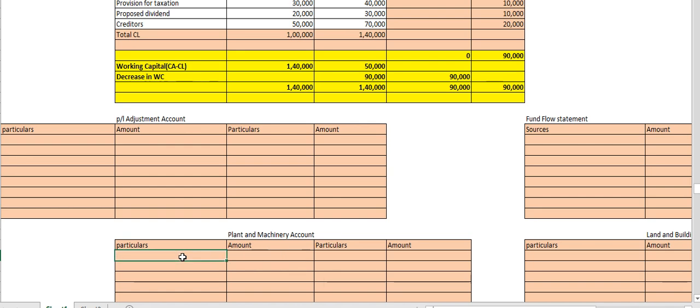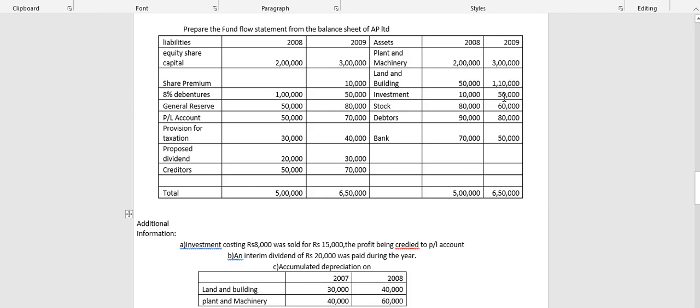Plant and machinery account is an asset account, so you will have a debit balance. To balance brought down 2,40,000, by balance carried down 3 lakhs.